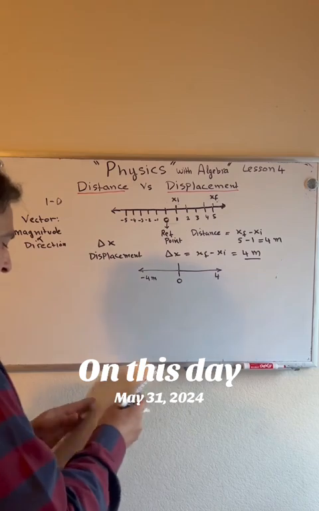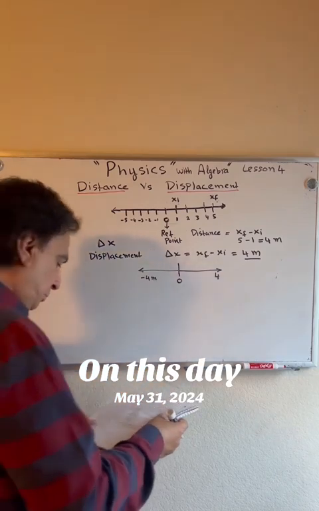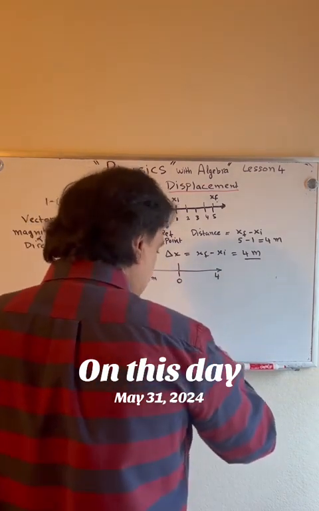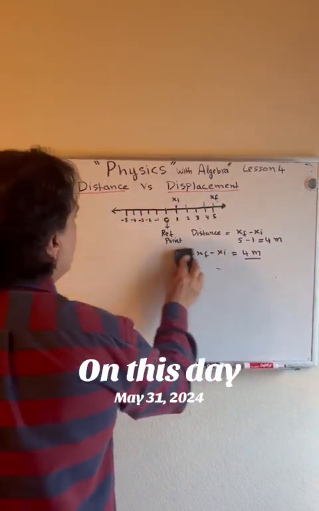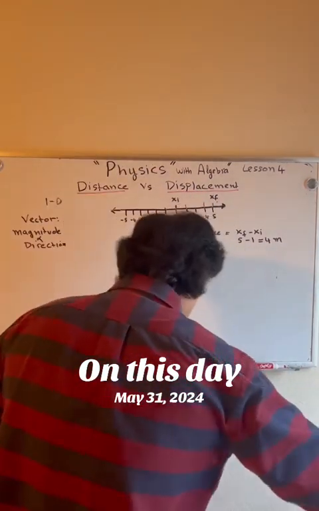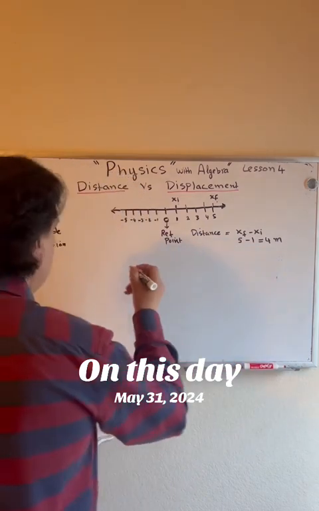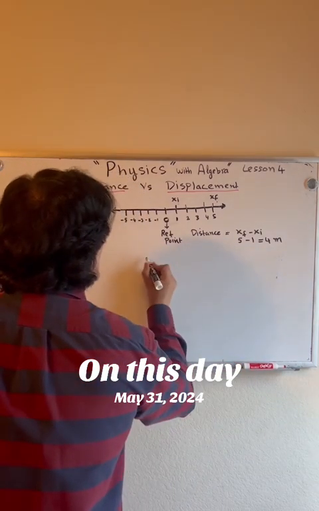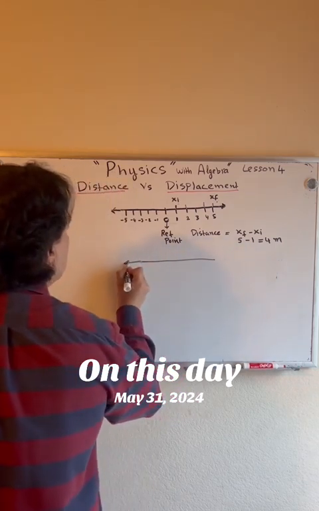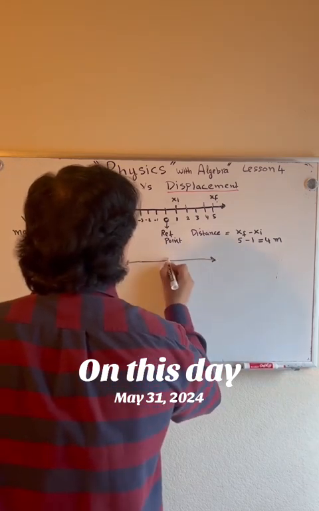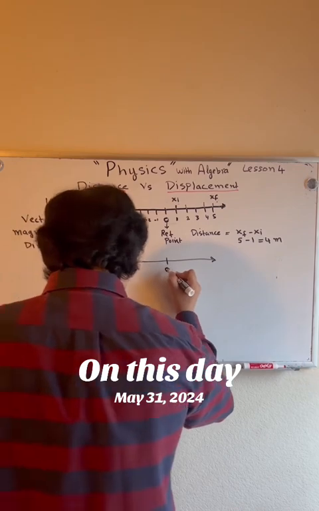Let's look at an example, a real good example. So let me erase that so I can get a little bit more room over here. And let's say we have the same thing. I'm going to draw this graph real quick. Okay, we have the origin, the reference point.